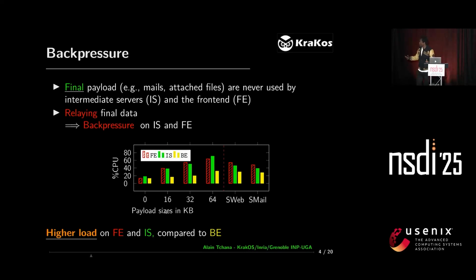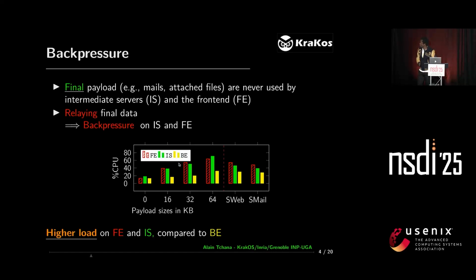So this is a simple micro benchmark. We have a three-tier application with a front end, an intermediate server, and a backend, and the backend just serves static files. We have another experiment with SPECmail and SPECweb.